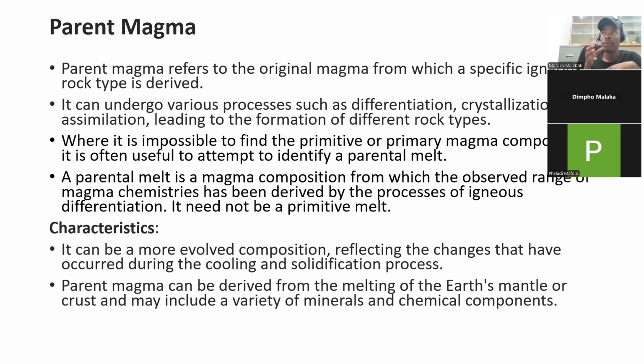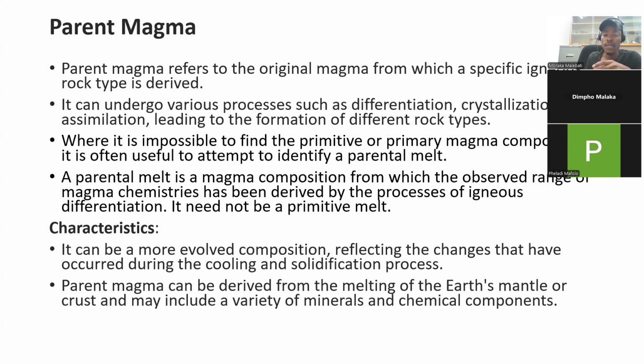Then if the mafic minerals crystallize and we remove them from the system, the magma is going to evolve into one ranging from intermediate to felsic, until we remain with a magma that can crystallize felsic materials such as granite and rhyolite. Okay, so that is what you call magmatic differentiation. So a parental magma, that's why we're saying it's the original magma from which a specific igneous rock type is derived.